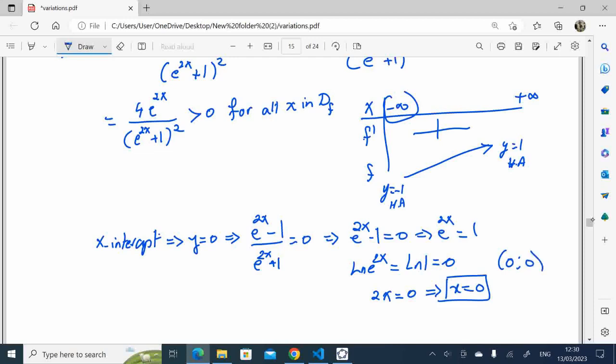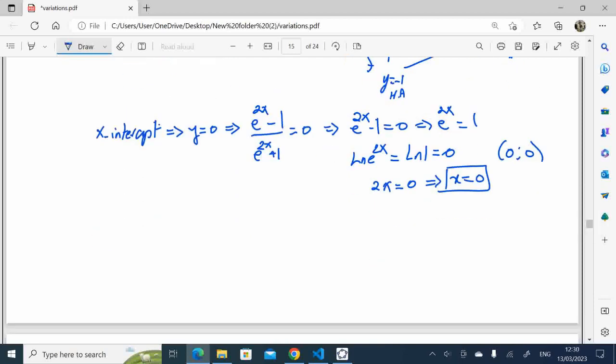If I try to find the y-intercept, we are going to get the same point, but let me work it. To find the y-intercept, we solve x equals 0. So if I substitute x with 0 in the function, it means I find f of 0.